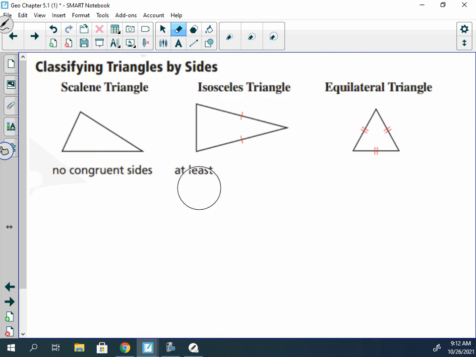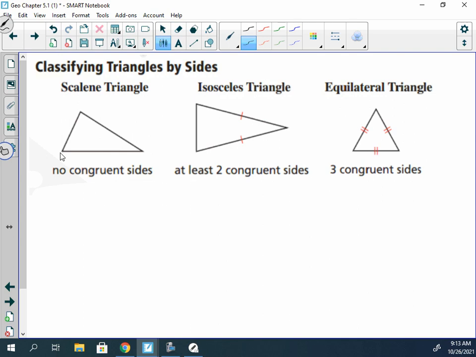Isosceles has at least two, and equilateral has all three. So scalene has none, isosceles has two, and equilateral has three.